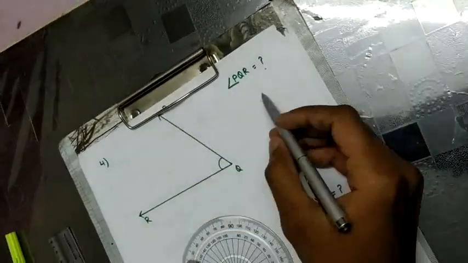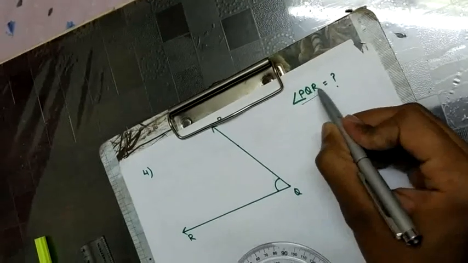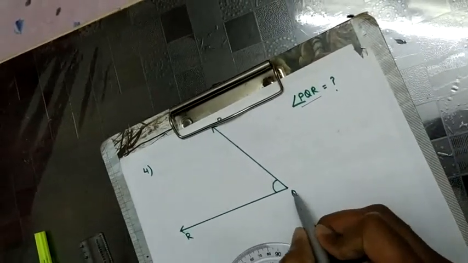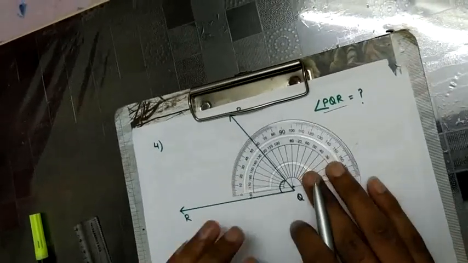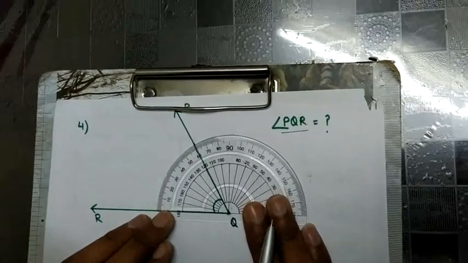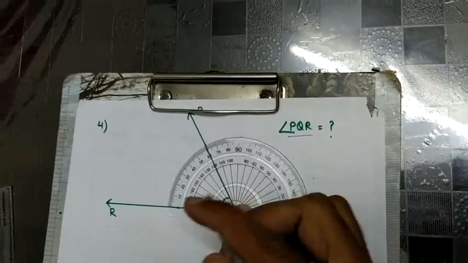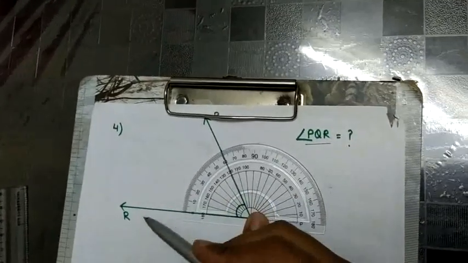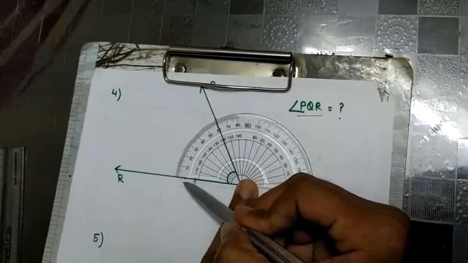Look at this angle. We have to find out the value of angle PQR. Q is the vertex point. We will put the protractor on the vertex point and also match the bottom lines. Now look at this. Here the ray is going to left side and 0 is on the outer part.